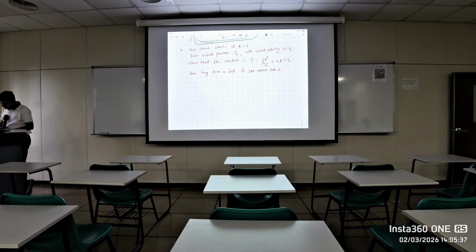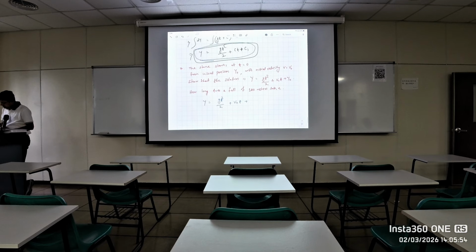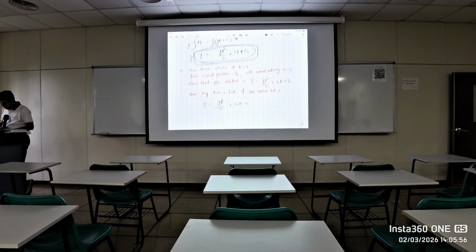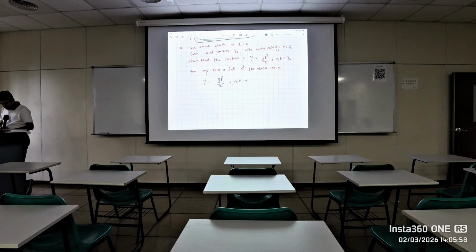So y is equal to gt square by 2 plus v0t plus y0.